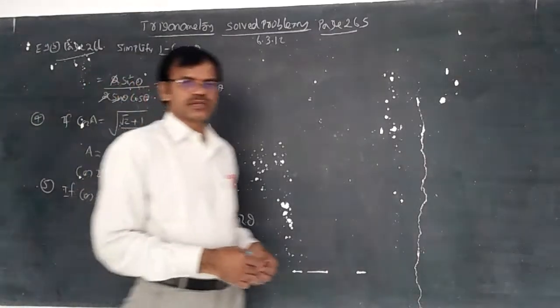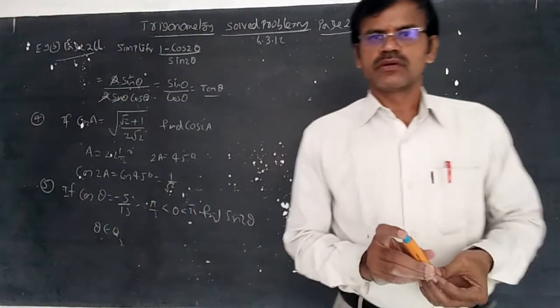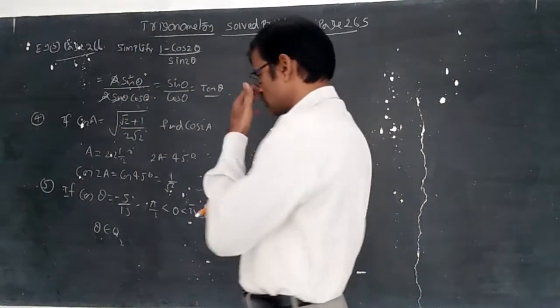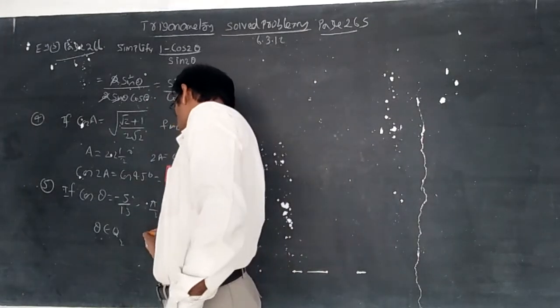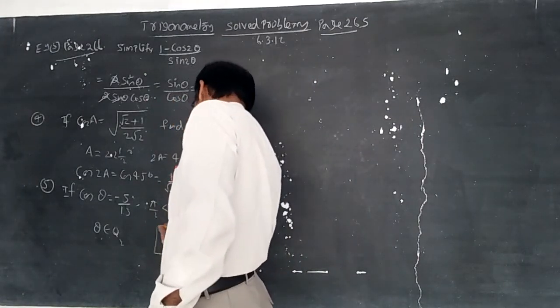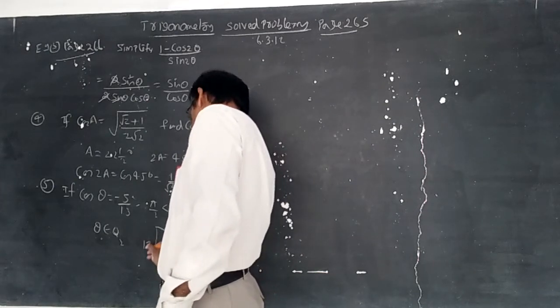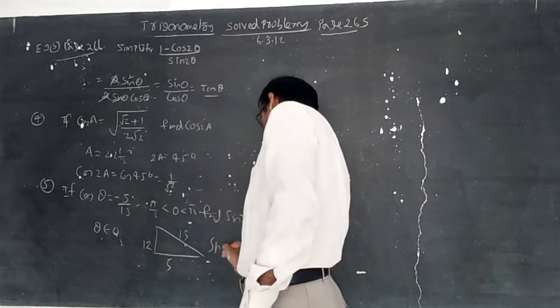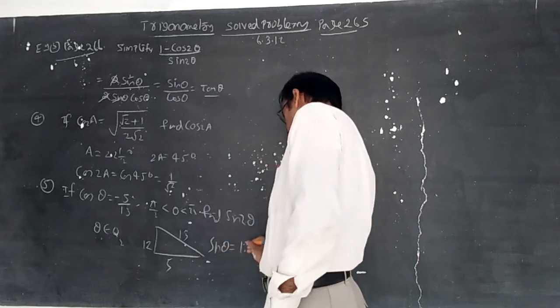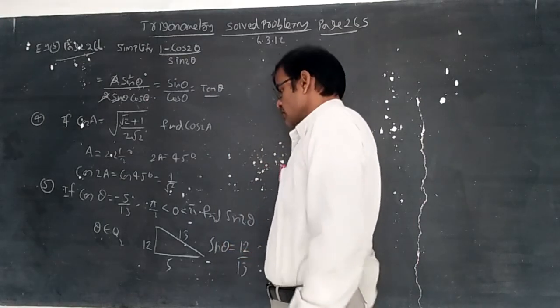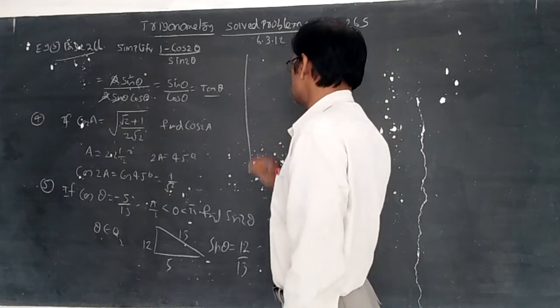The value theta lies between 90 and 180, so we can understand that theta belongs to Q2. Now cos theta is equal to minus 5 by 13. Cos means this is the adjacent side, this is the hypotenuse, so the other side becomes 12. Now you can write sin theta. Sin theta is equal to 12 by 13. Because it is in Q2, sin theta is positive.